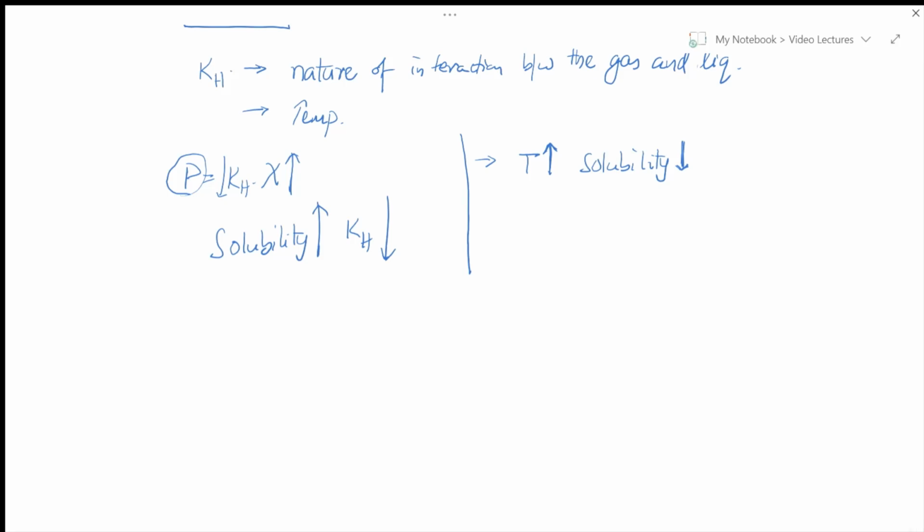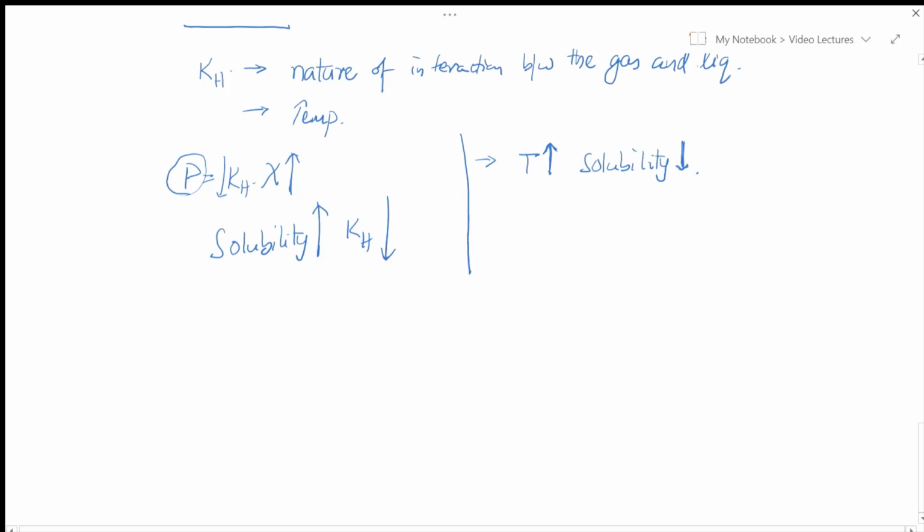Now, a very simple way of looking at it is this, that if you have gases dissolved in liquid and you start heating the solution, then temperature increases and the kinetic energy of individual particles will try to increase. Now, when gas particles which are dissolved in the solution get higher kinetic energy, it becomes easier for them to escape the liquid and go back into the gaseous phase. So, an increase in temperature will decrease the solubility of gas particles which are dissolved in a liquid.